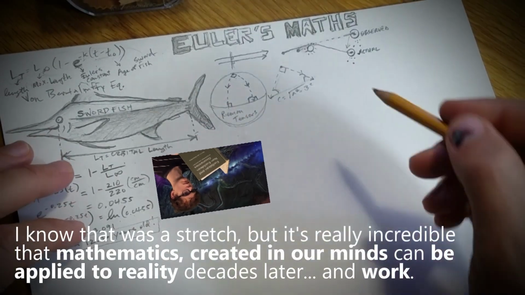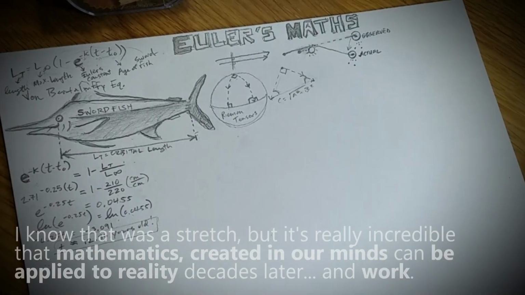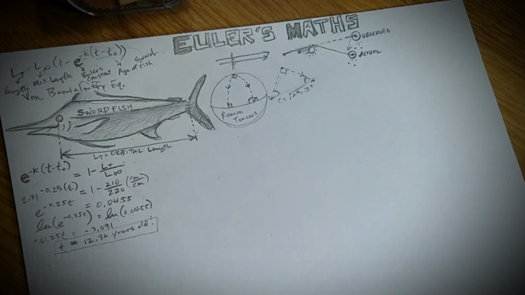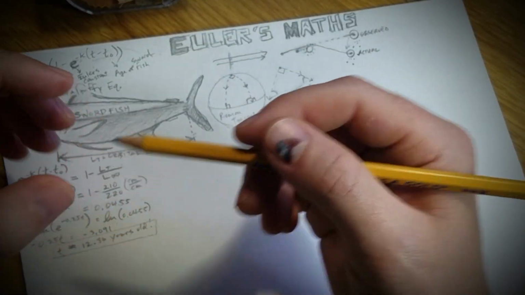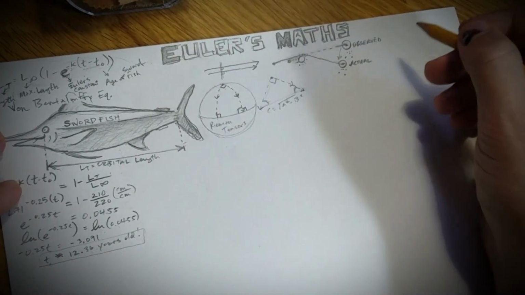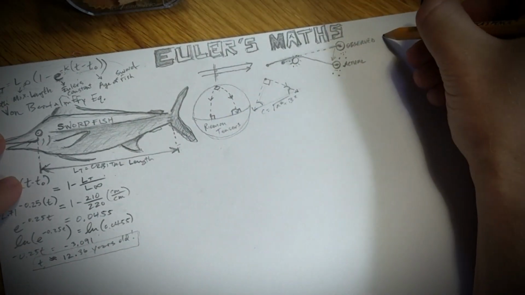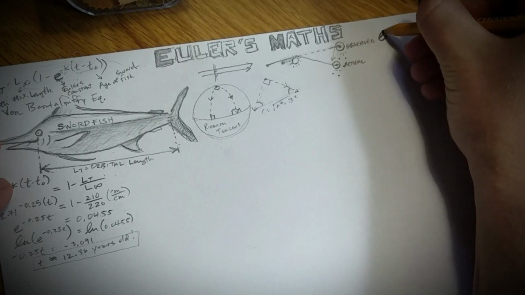So, Euler worked in geometry, infinitesimal calculus, trigonometry, algebra, number theory, as well as multiple areas of physics. He's the only mathematician to have not one, but two numbers named after him.